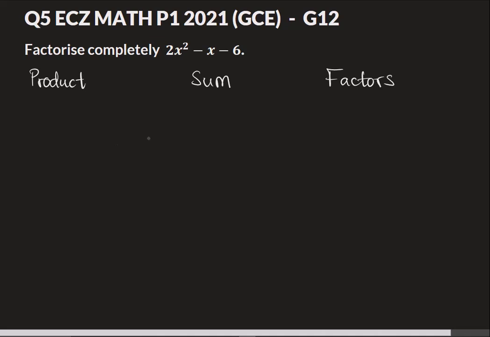Remember I said the quadratic expression has got a form of a x squared plus b x plus c. A, b, and c are all numbers. In this question, a is equal to 2.